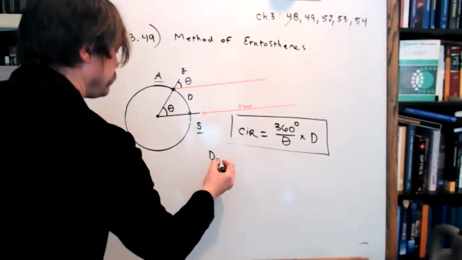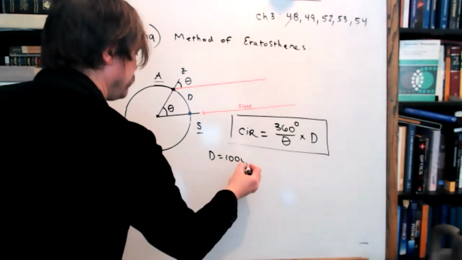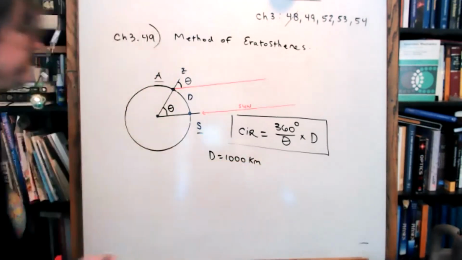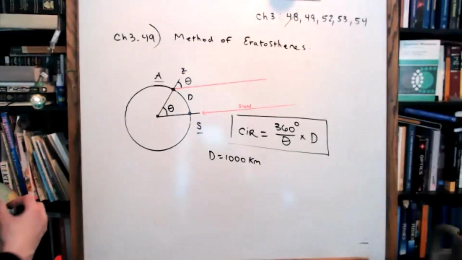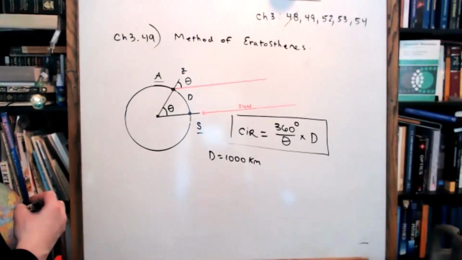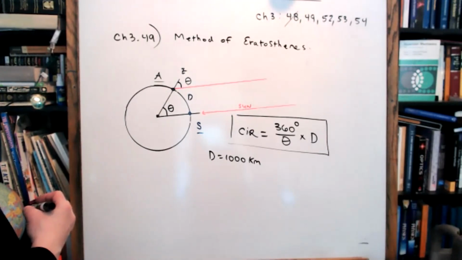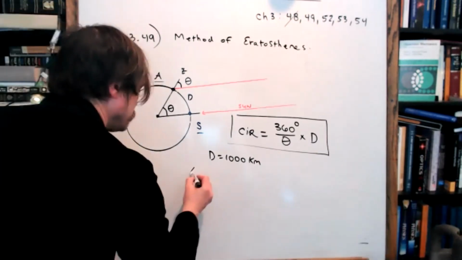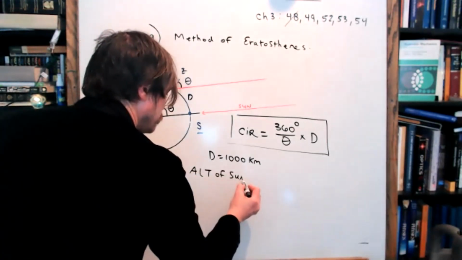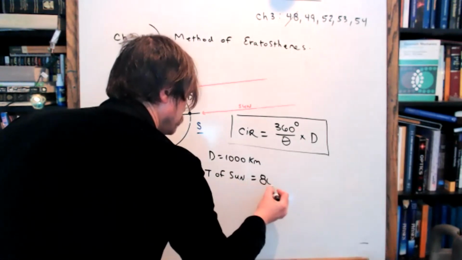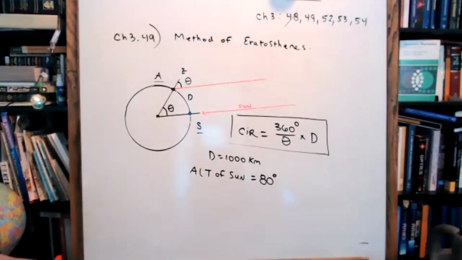Okay, so on the equinox, the distance between the two cities is 1,000 kilometers. And then keep going when you're ready. On the equinox, you go outside and observe that the altitude of your sun is 80 degrees. What is the circumference of Earth? Hint, apply the technique used by Eratosthenes to measure Earth's circumference.